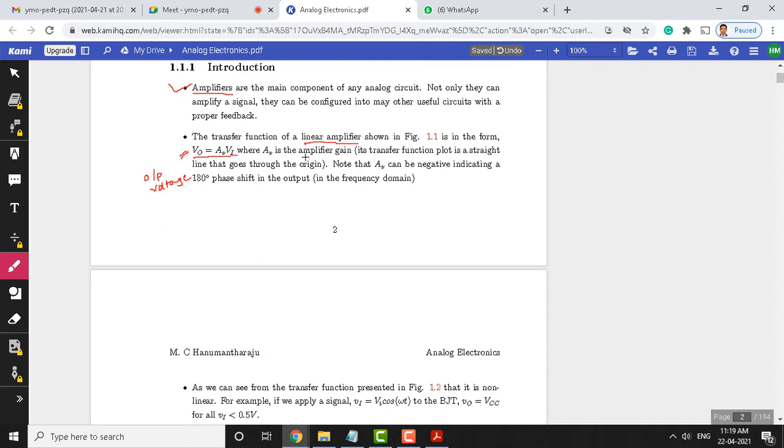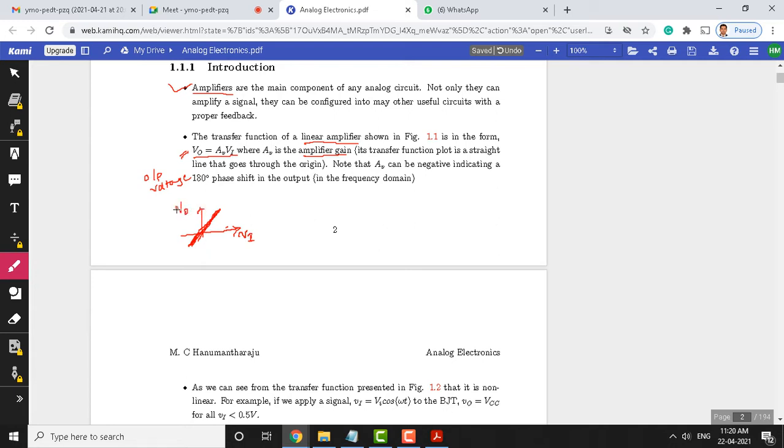So, AV is the amplifier gain, and the transfer function plot is a straight line that goes through the origin, something like this. Now we can show Vi along the x axis and plot V naught along the y axis.